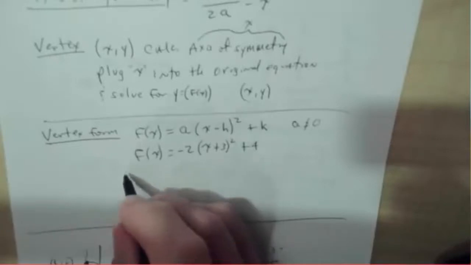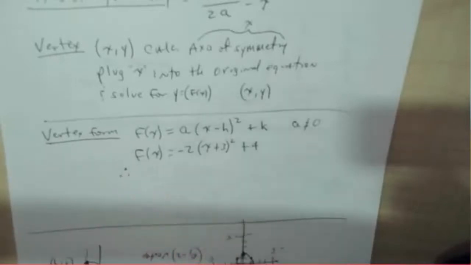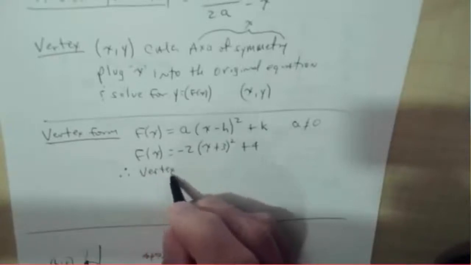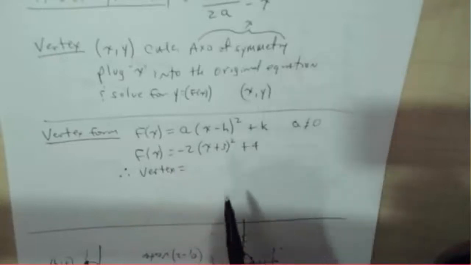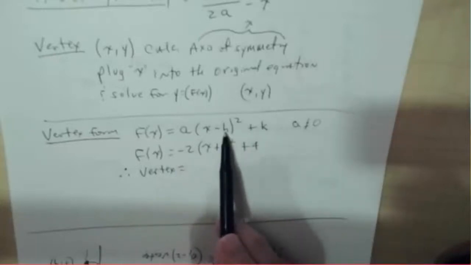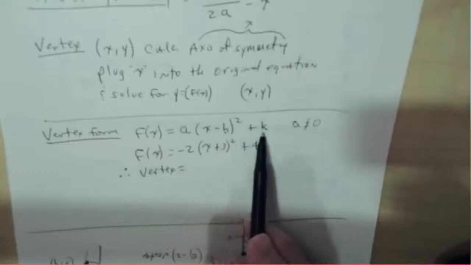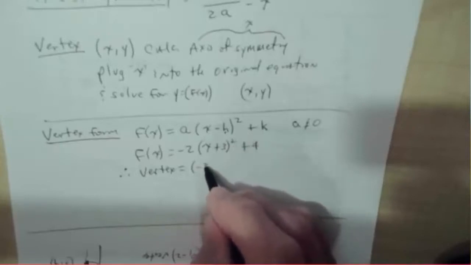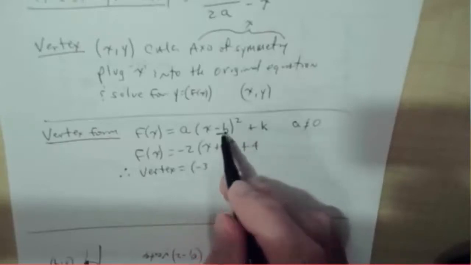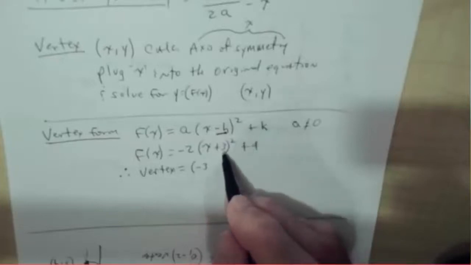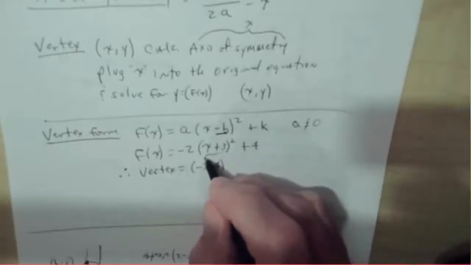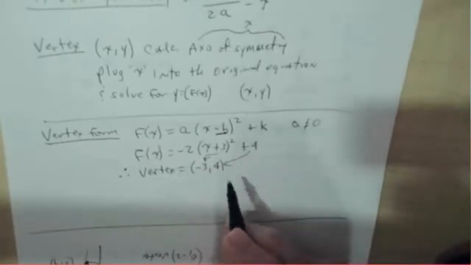So therefore, our vertex is h and k, but the formula says minus h, so we do the opposite of whatever's here. So -3, and k is 4. Okay, that's the vertex.